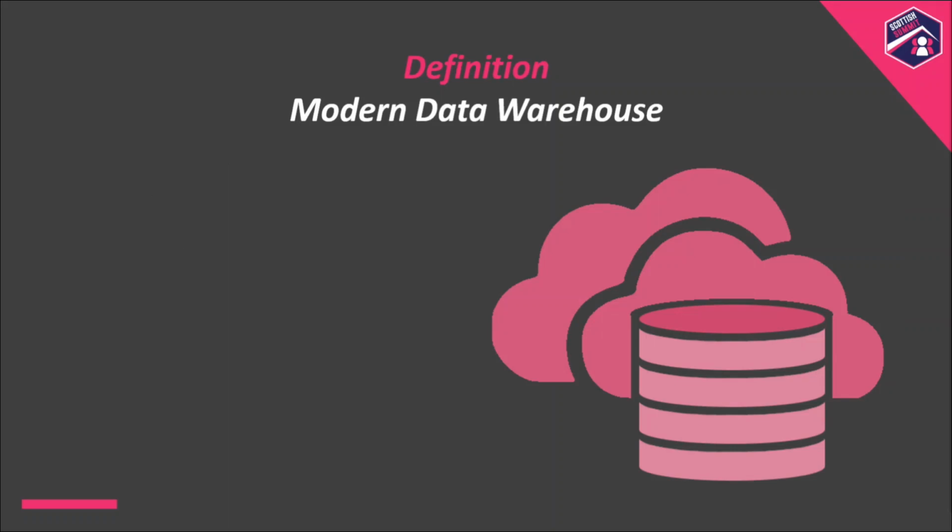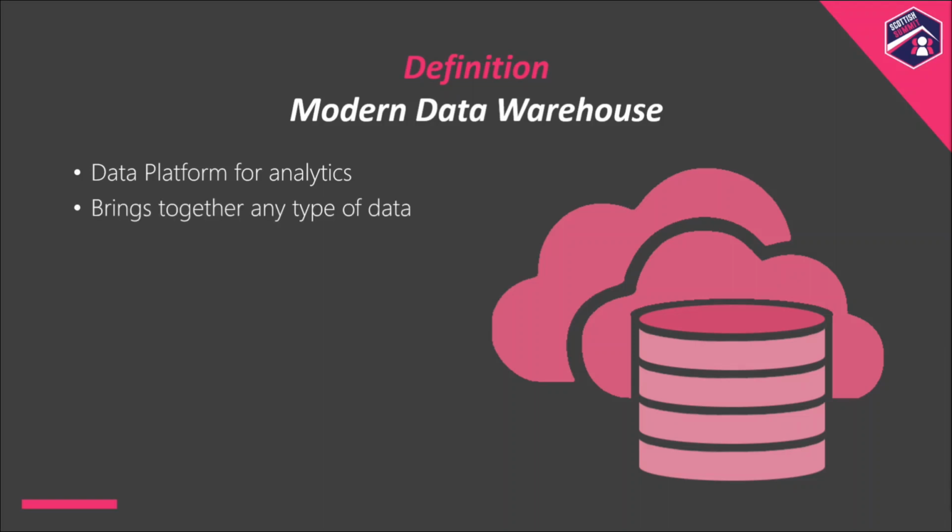Before moving any further, it is necessary for us to understand what a modern data warehouse is. A modern data warehouse is a data platform that specifically caters for analytical purposes. You can bring all types of data into a modern data warehouse, including structured, semi-structured, and unstructured data. When it comes to scalability and flexibility, there is a higher level of both in a modern data warehouse.